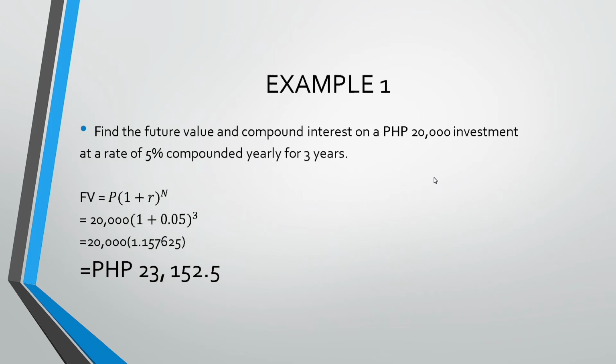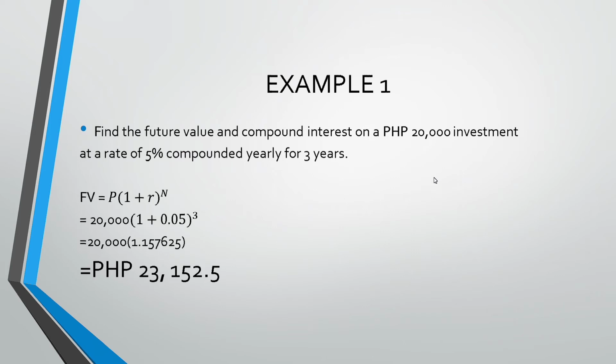I have here the first example. Find the future value and compound interest on a 20,000 pesos investment at a rate of 5% compounded yearly for 3 years. Okay, so we have to find the future value and the compound interest.